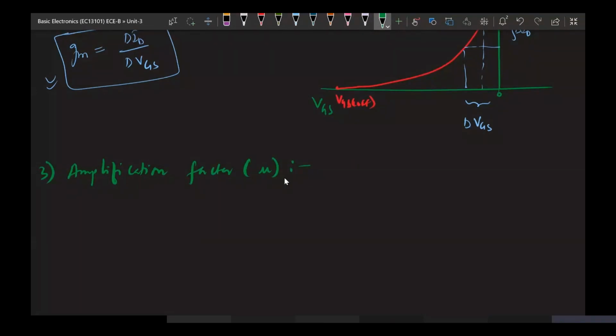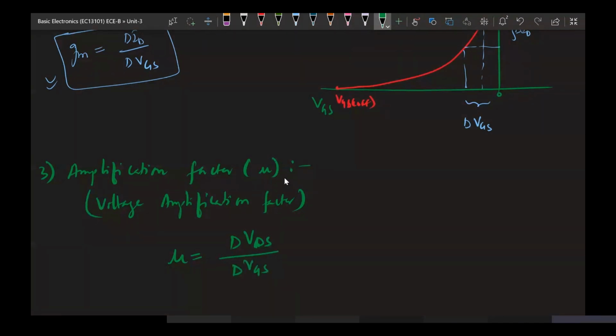In the case of FETs, it is voltage amplification. That means it is the relation of output voltage and input voltage. The output voltage is your change in VDS divided by change in VGS.